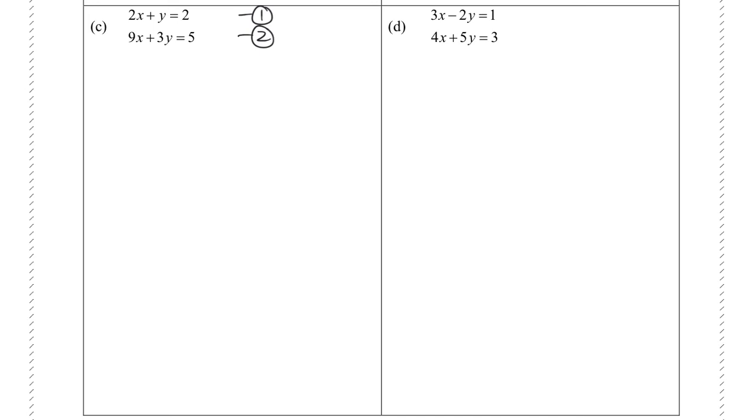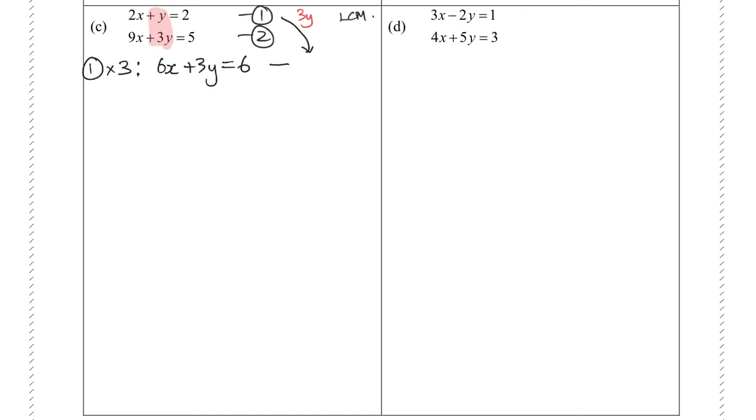Now decide. X or Y, which one is easier to find the lowest common multiple of? Okay, I hope you've chosen Y like me, because what I can do is aim for 3y for equation 1. So what I'm going to do is take number 1 and I'm going to multiply by 3 throughout. So I'll get 6x, because 2 times 3 is 6x, plus 3y, and 2 times 3 is again 6.